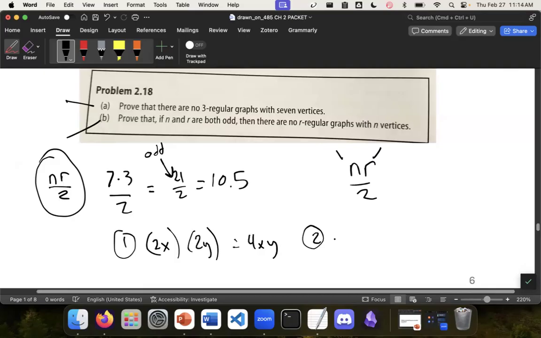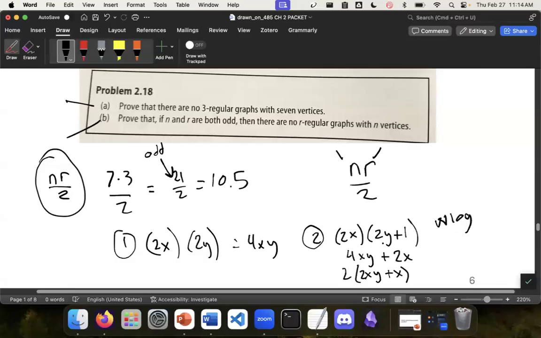If one of them is odd, so let's say 2x times 2y plus 1, then we get 4xy plus 2x, which we can factor a 2 out of. Without loss of generality, because 2 times 5 is equal to 5 times 2, right? So case 2 is where only one of them is odd.